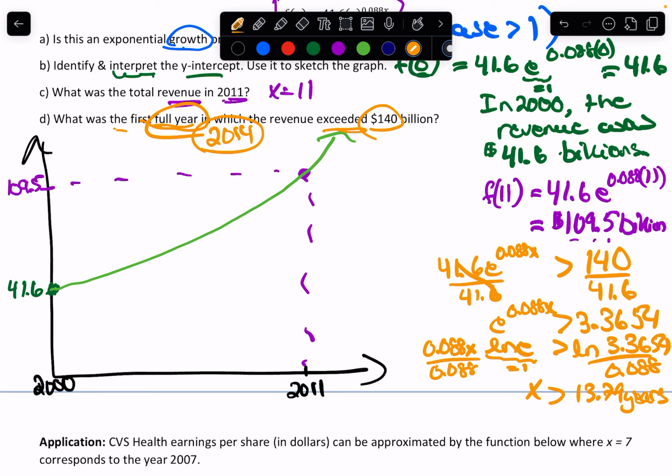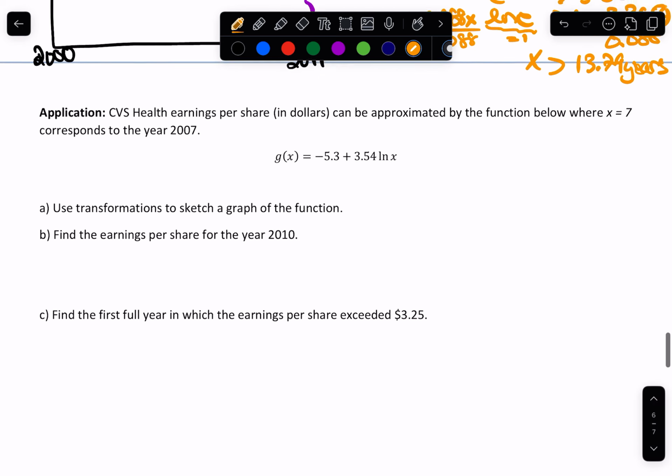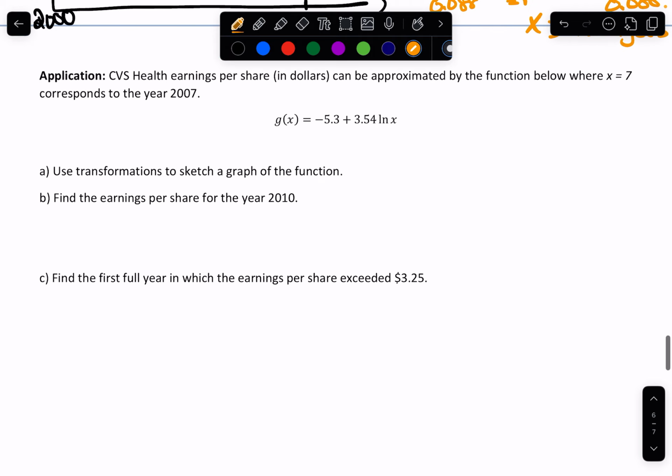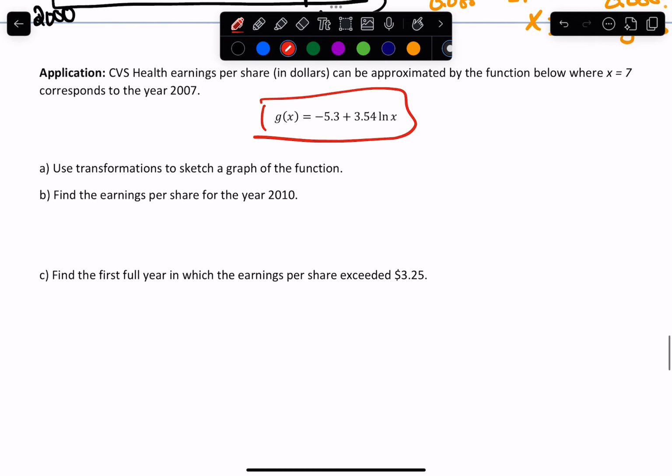Okay, we've got one more application here. CVS Health earnings per share in dollars can be approximated by the function below, where x equals 7 corresponds to the year 2007. So we've got g of x equals negative 5.3 plus 3.54 natural log of x.